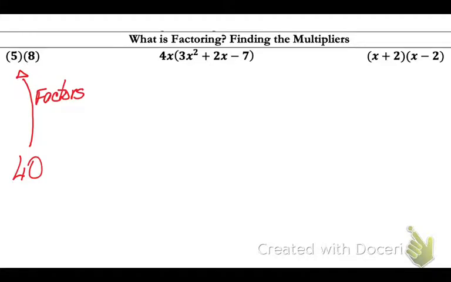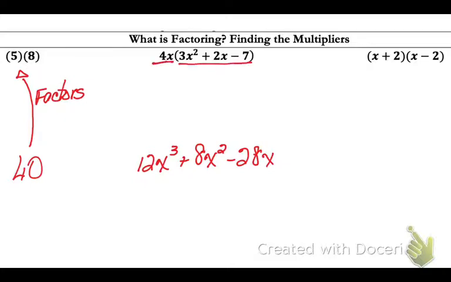Now I've got a monomial and a trinomial here. If I multiplied those together, I would get 12x to the third plus 8x squared minus 28x. That means my 4x and my trinomial, 3x squared plus 2x minus 7, are my factors for this polynomial.